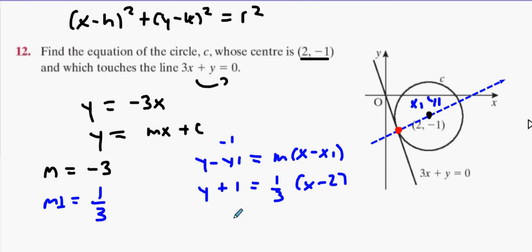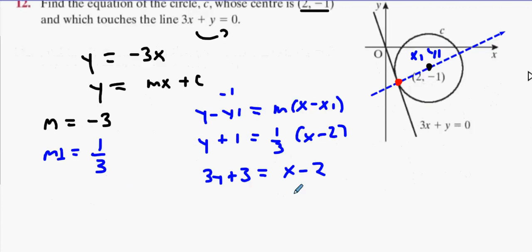Multiply it by 3: 3y + 3 = x - 2, and then -x + 3y = -5. Everybody okay with that?